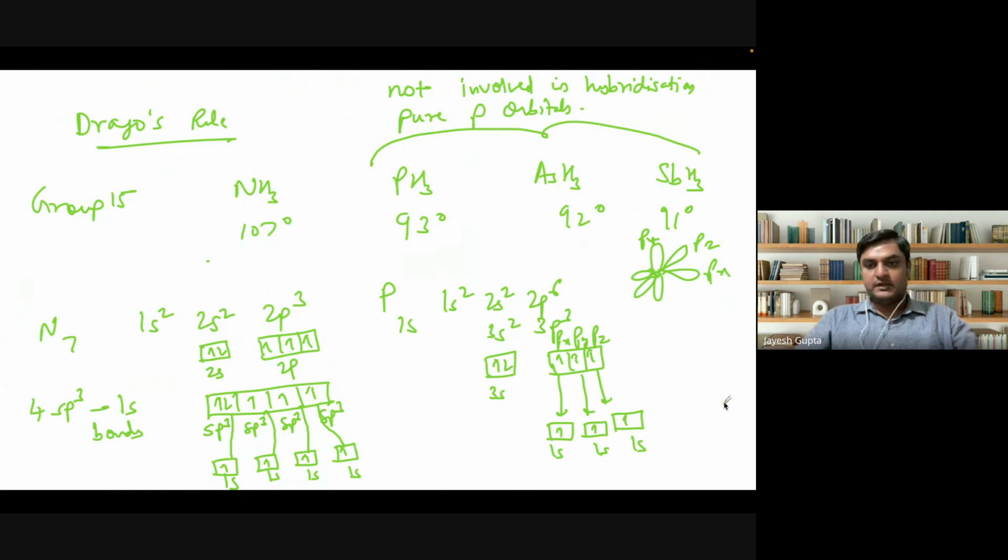Okay, so here you will be getting, like, this orbital is 3p and this is 1s. So here bonds you will get 3px-1s, 3py-1s, 3pz-1s.